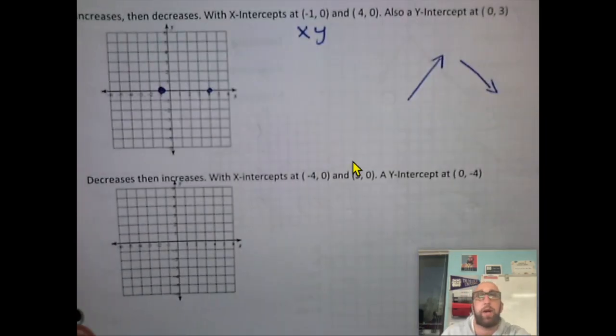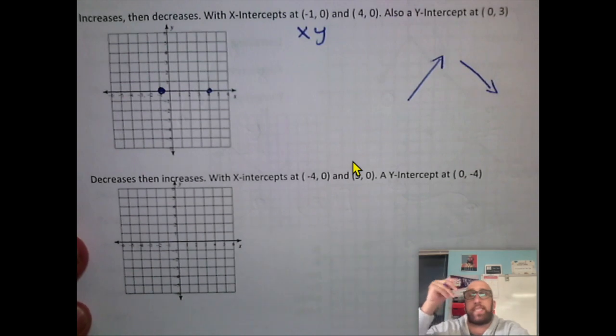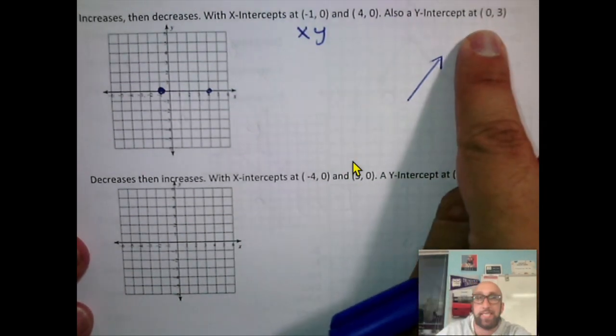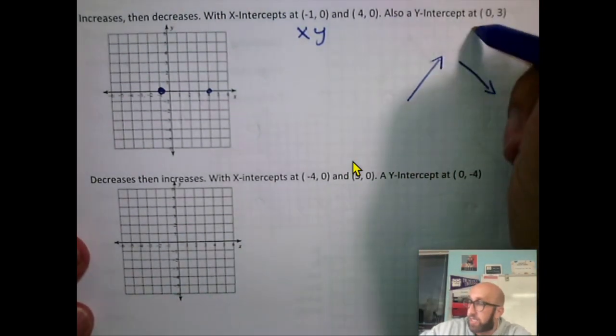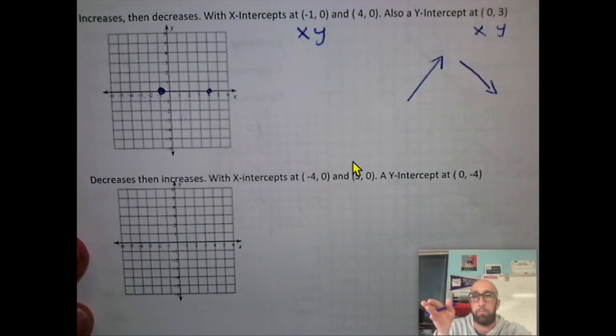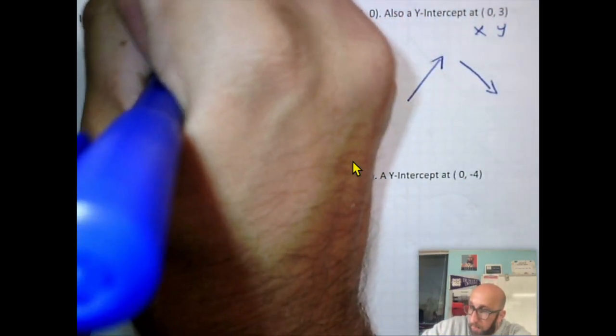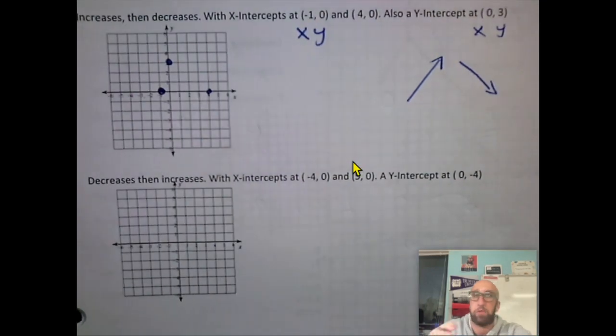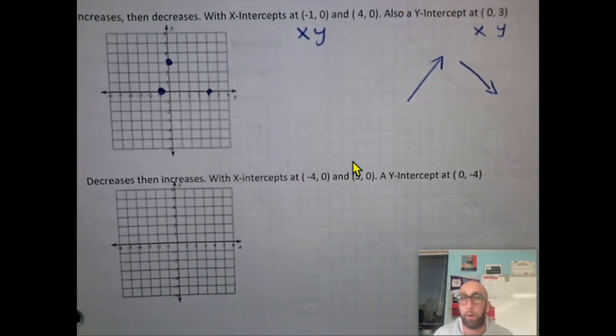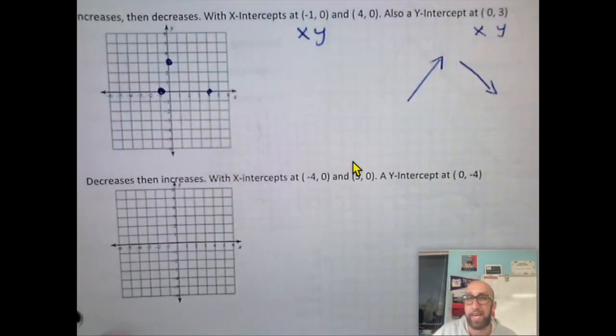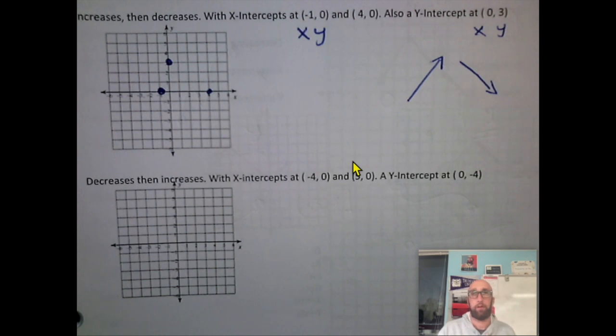So there's my 2 x-intercepts. What I still need is a y-intercept at (0, 3). So again, it's x first, then y. So we move 0 on the x, but on the y, move up 3. So we got a point up here. And you don't have to worry about open and closed circles. They are just points.